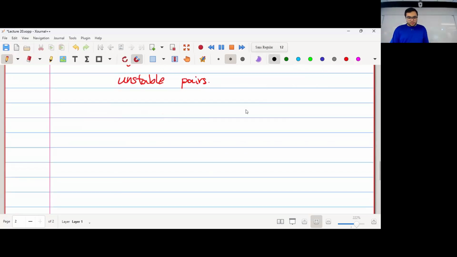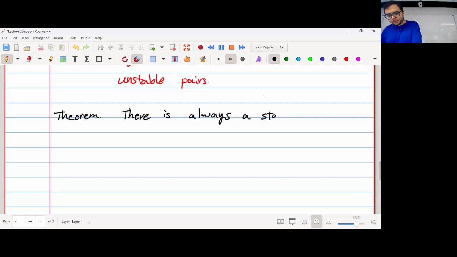So here's the theorem that I want you to prove. I want you to prove that a stable matching always exists. So there is always a stable perfect matching, no matter what the preferences are.